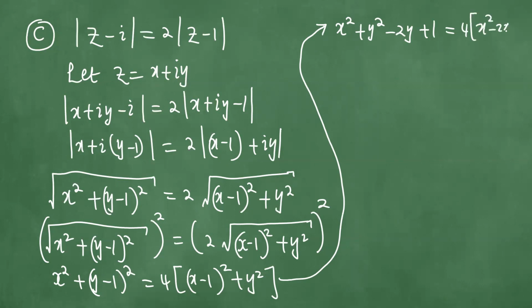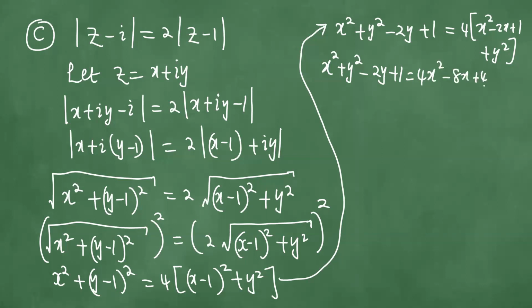This is x squared minus 2x plus 1 plus y squared, giving us x squared plus y squared minus twice y plus 1. 4x squared minus 8x plus 4 plus 4y squared.